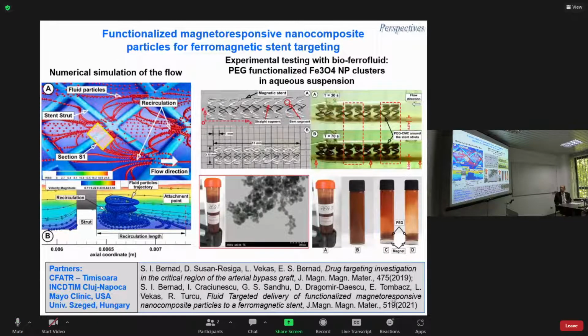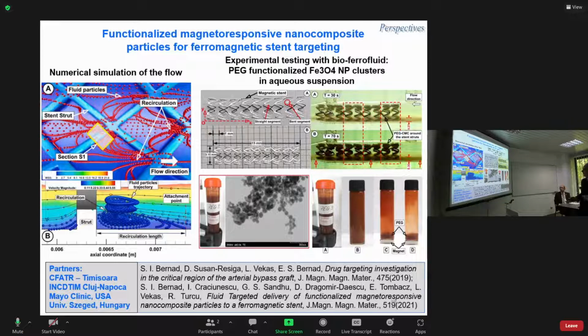Here is an essentially nanomedical application which is still at the beginning. That is the use of magnetic stents in cardiovascular diseases. Here is the stent. Here is the flow analysis in such a stent, which is very complex.